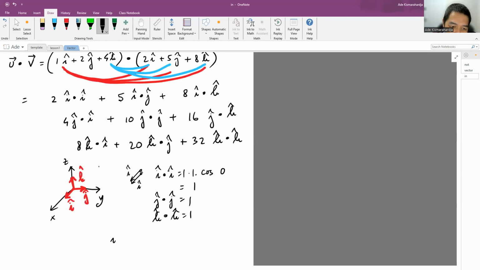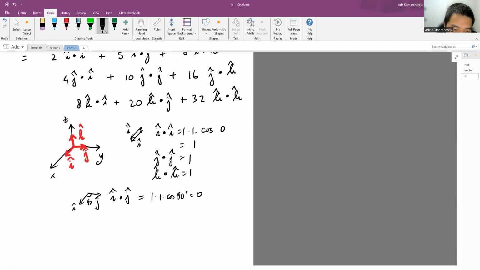Now, when you think about i·j, i is pointing in the x direction and j is pointing in the y direction. What about the angle between them? The angle between them is 90 degrees. So when you do the dot product between i and j, you have 1 times 1 times cosine 90, and cosine 90 is 0. This is essentially the same with i·k, because the angle between them is 90 degrees, therefore it's 0. And then j·k, k·j, the same.